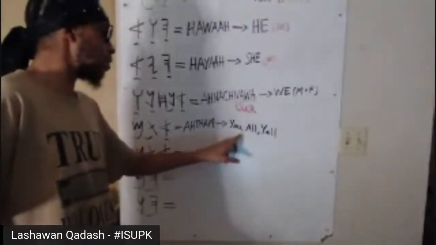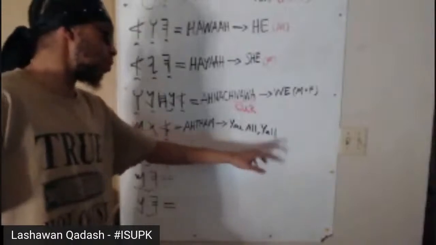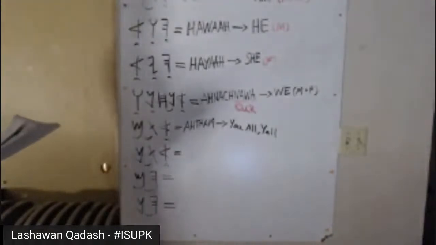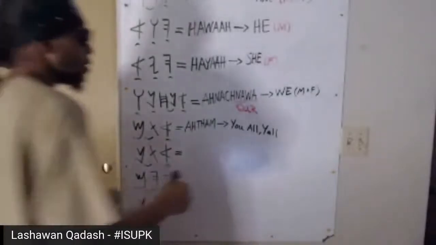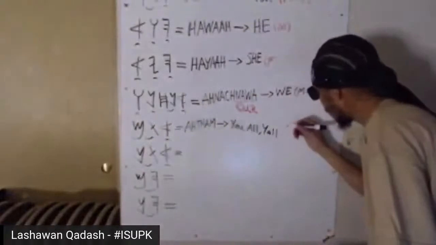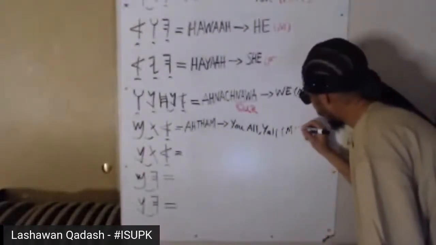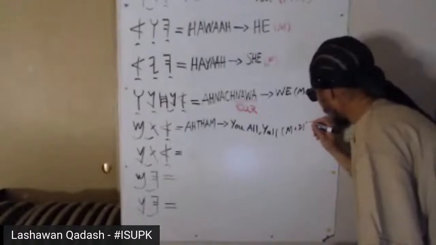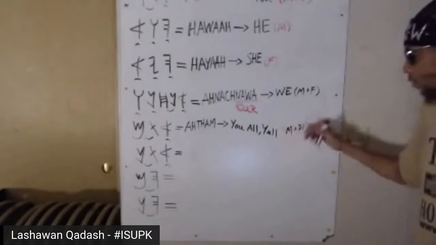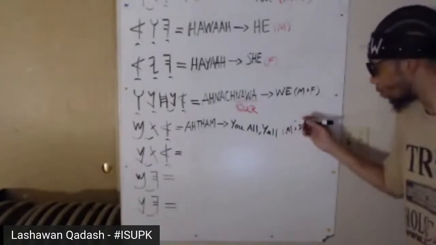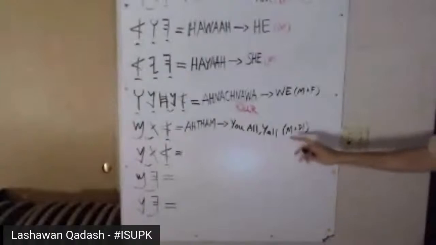Same thing. It's just separated. You all is y'all. Y'all is you all. Same thing. You know what I mean? Brothers from down south, brothers from the Midwest, they speak differently. Okay? And this is going to be masculine and plural. The PL stands for plural, just in case you want to know what that is. Masculine, plural.